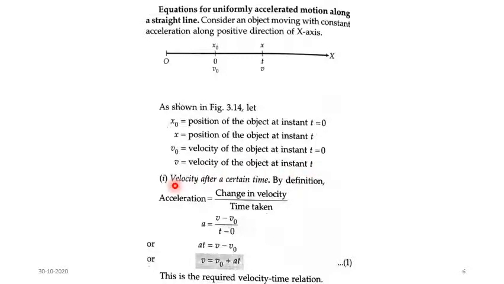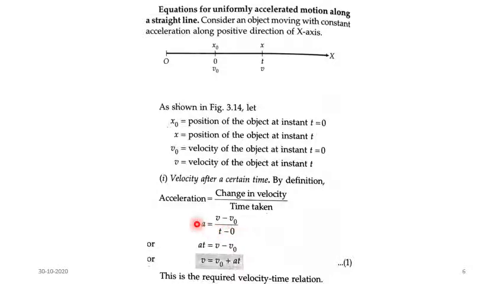Now we will derive our first equation, velocity after a certain time. You know acceleration equals change in velocity divided by time taken. What was your final velocity? v. What is your initial velocity? v0. So change in velocity is v minus v0, divided by time taken. Finally the time was t and initially the time was 0. So how much time did it take? t minus 0, which is t.